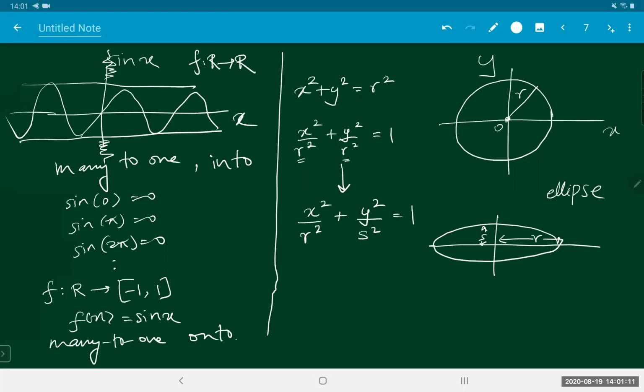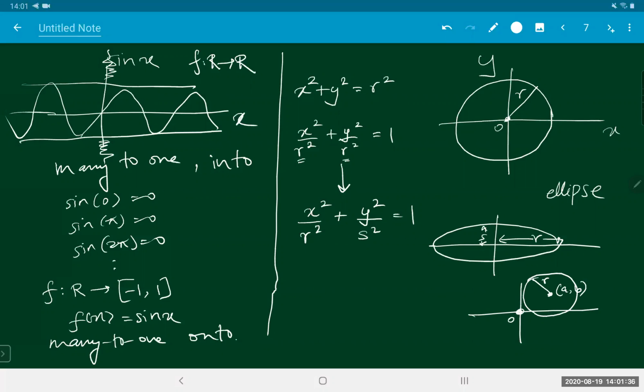What if I want to have my circle not centered at the origin, but centered at some other point? So let's say this is my origin. Suppose I have some point (A, B) over here, and I want a circle with the center over here with radius r.